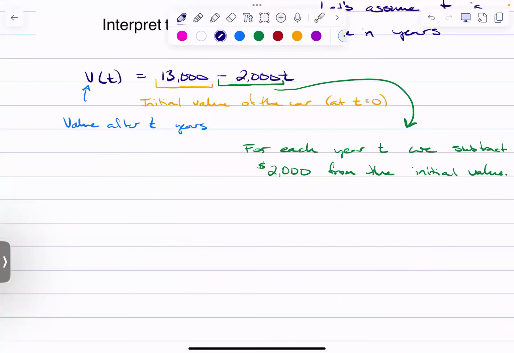I'll do this. This line should start at 13,000 and then have a slope of negative 2,000, right? Where T is in the place of my X, and the value at time point T is 13,000.